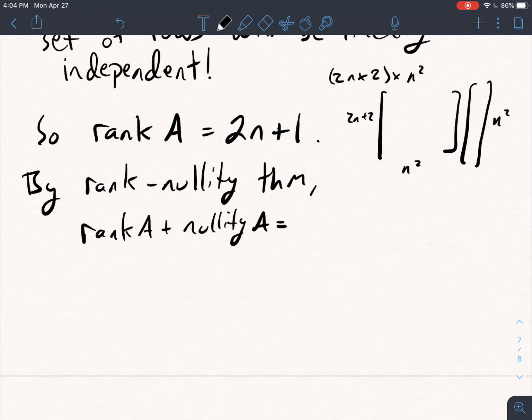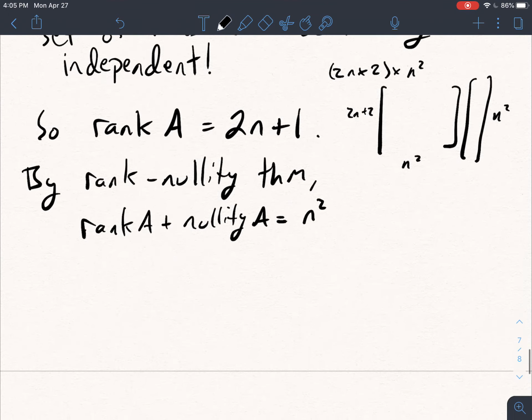Well, there would have to be n squared, because you're multiplying one row, which would have n squared entries, times this column, which would have n squared entries. So the inputs for a map that this matrix would represent would have n squared entries, and so the dimension. So this would represent a map from R^(n squared) to R^(2n+2), for example. So the rank plus the nullity is equal to n squared.